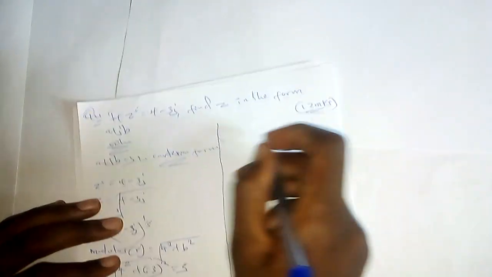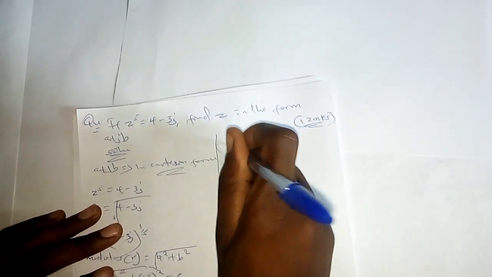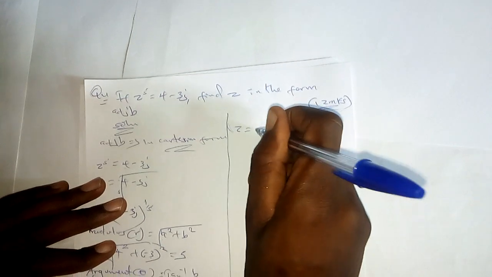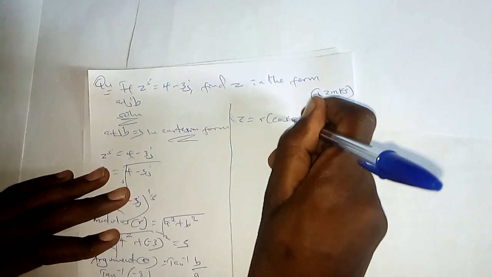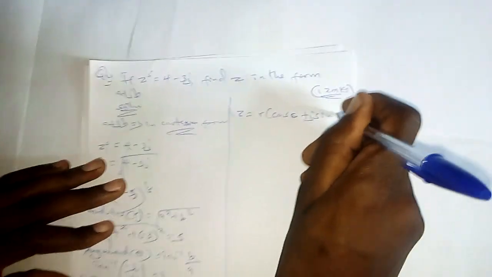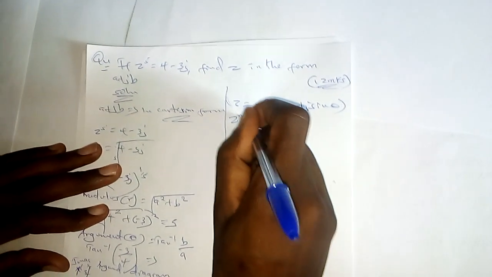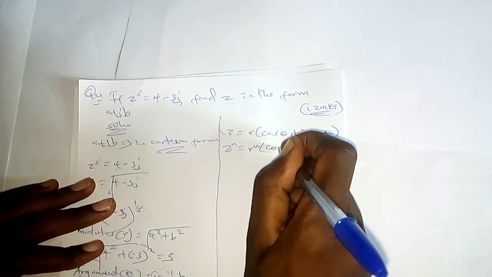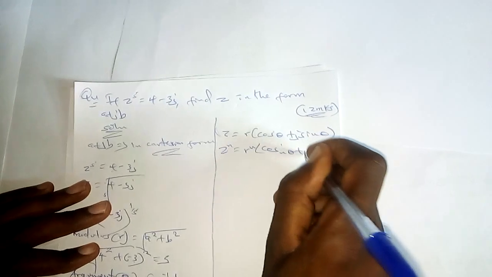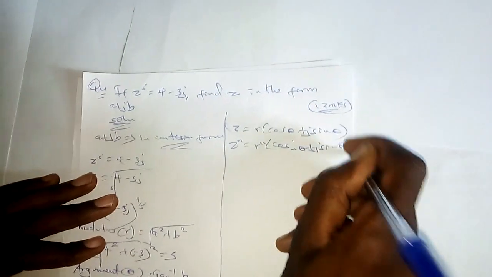And here we proceed. We state the Moivre theorem: z equals r cos theta plus j sin theta, and z raised to n is r raised to n into cos n theta plus j sin n theta.